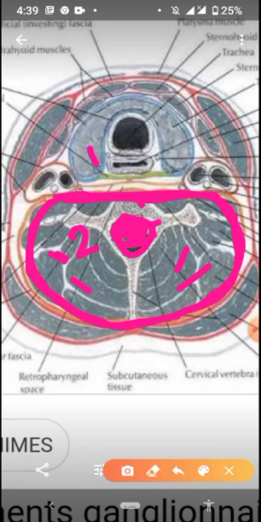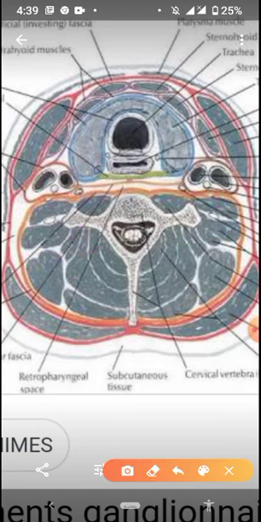One thing I want to tell you: this is the spinal cord. From the spinal cord, you know that the nerves appear as the anterior and the posterior rami.